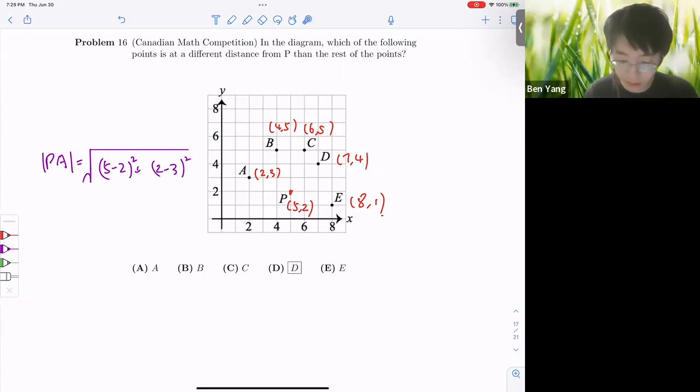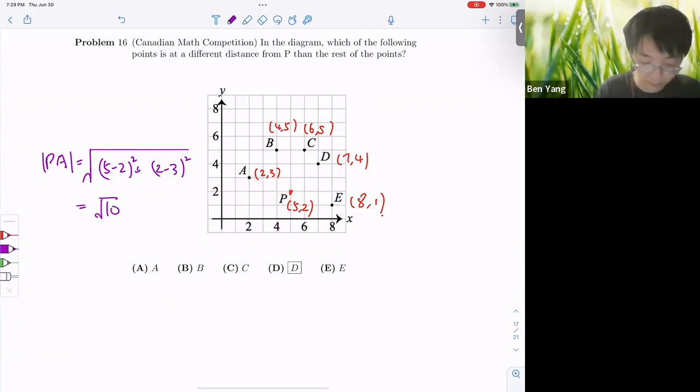Essentially, we're looking at this right triangle, and here 5 minus 2 is 3, and the distance here is 3 minus 2, that's 1. So it's a right triangle with two legs, 1 and 3, and the hypotenuse should be root 10.